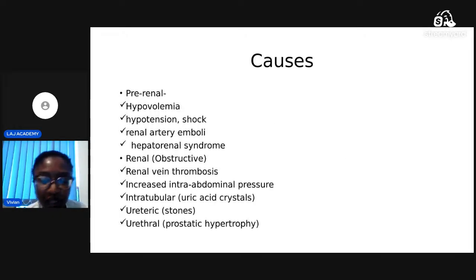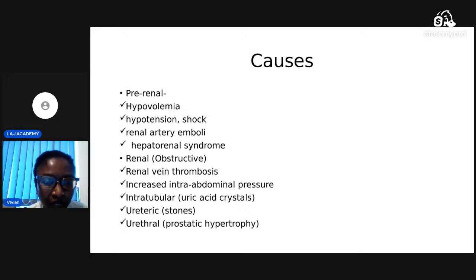So the causes of acute kidney injury are categorized into three. It could be prerenal, renal, or postrenal. The prerenal causes are usually due to hypoperfusion, so things like hypovolemia, hemorrhage, or hypotension, anything that reduces the perfusion of the vessels of the kidney.